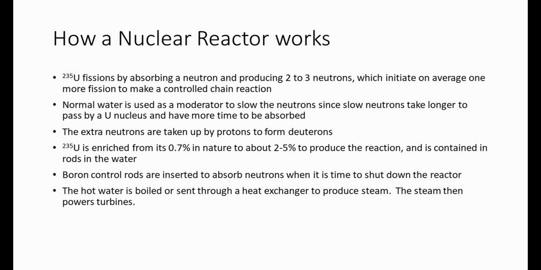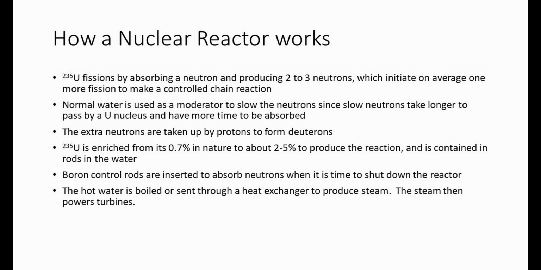Okay, and this water of course gets heated and it starts boiling. Okay, generates steam. Okay, and that's how you run a turbine, and the rest of it is identical to normal ways of generating power. There's nothing different.